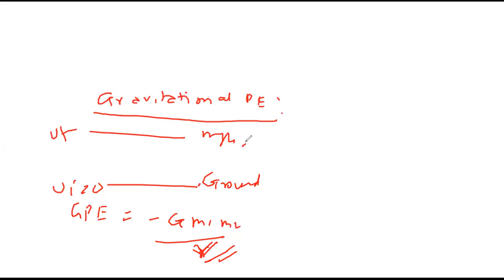Correct? If the ground is taken as reference, then final is mgh, but gravitational potential energy is minus G m1 m2 upon r.